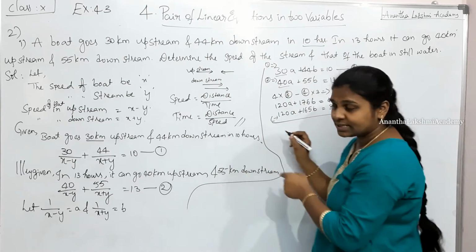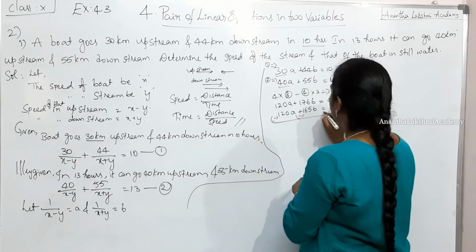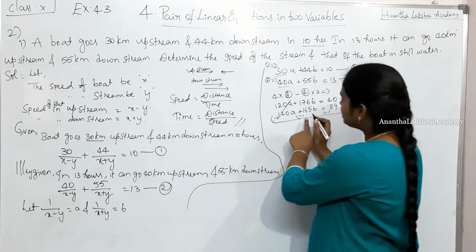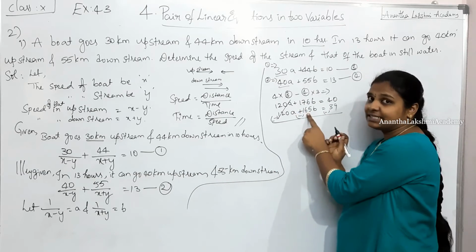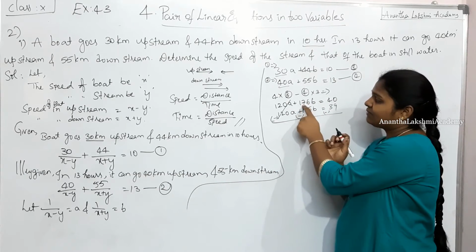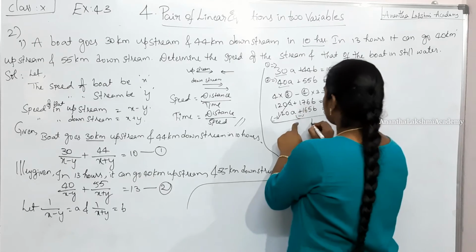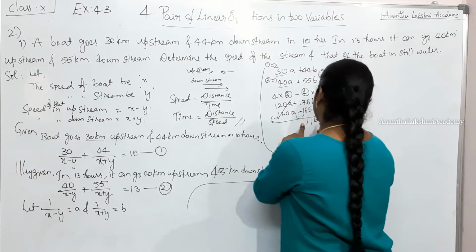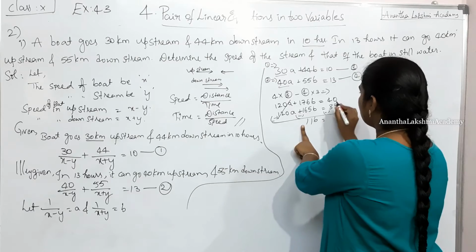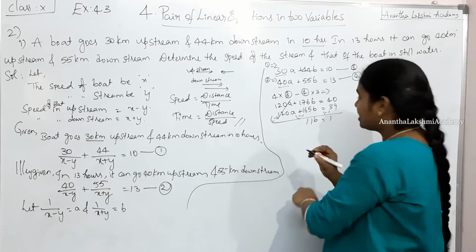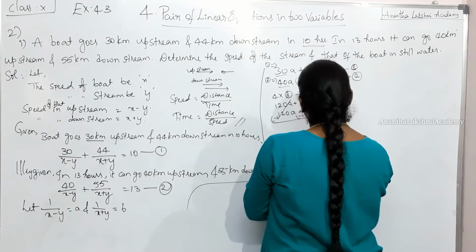Since this is the subtraction, the signs are going to change. 176 minus 165 is 11b, equal to 40 minus 39, which is 1. So b is equal to 1 by 11.